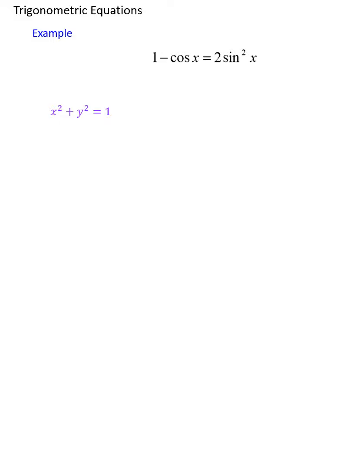And that's important here because on the unit circle, the x in this equation, the one that's in purple, not the x in the original problem, the x in the equation on the left represents the x coordinate, and the y represents the y coordinate of some terminal point on the unit circle. But the x coordinate is the cosine by definition, and the y coordinate is the sine.